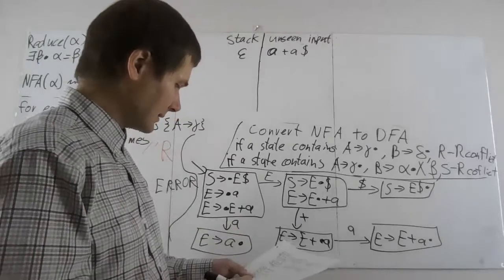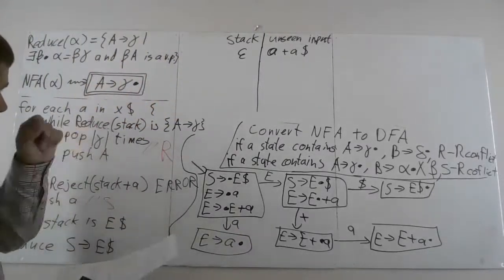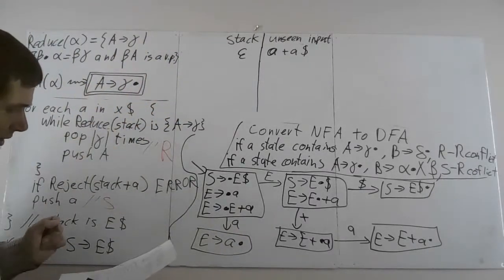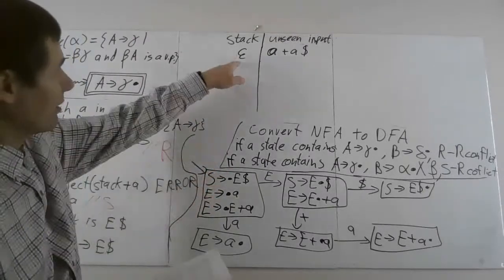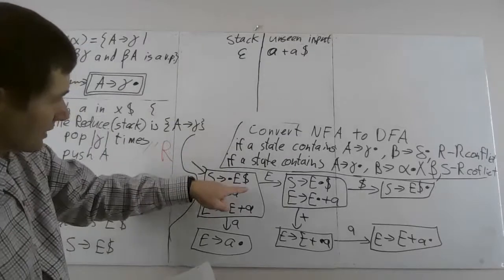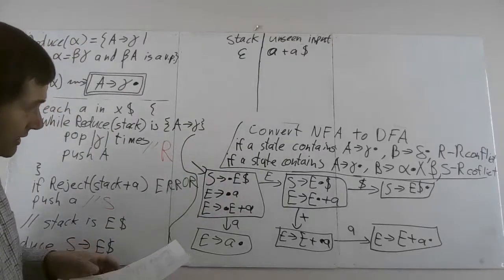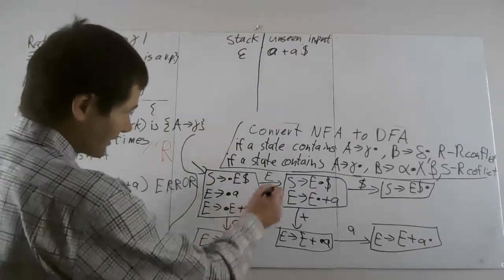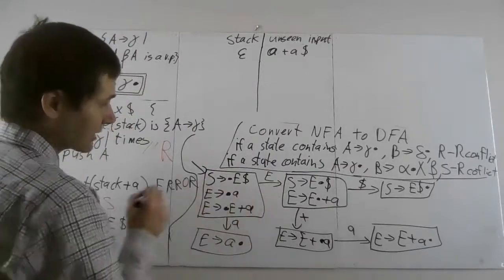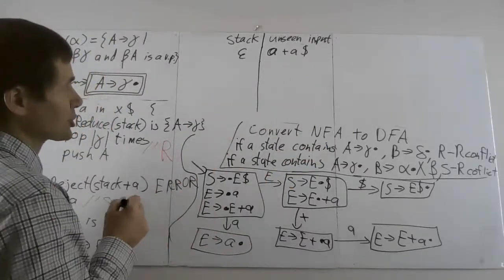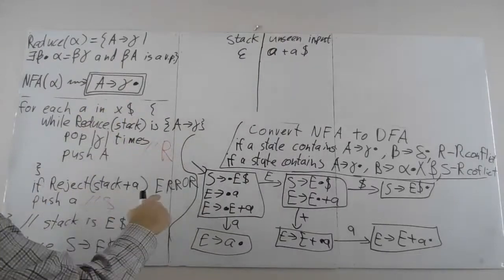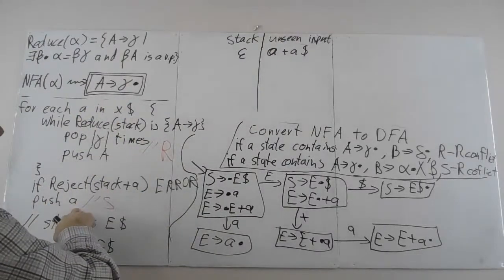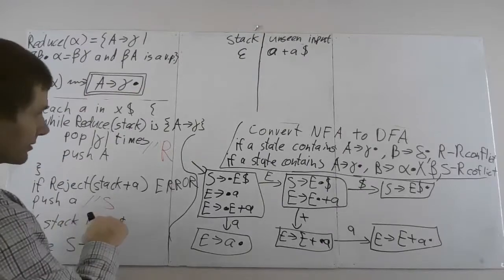And okay, and so the algorithm says, should I reduce? Well, so I run the DFA on the stack, and it gets me to this state. And this is a state where there's no dots at the end, so I'm supposed to shift. So I get out of this while loop, I go down here, and I push A onto the stack.